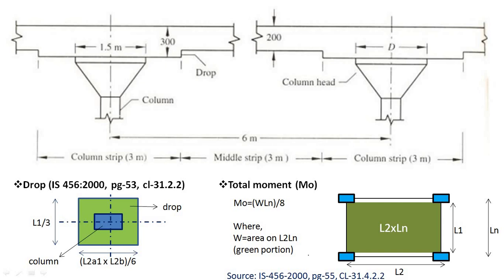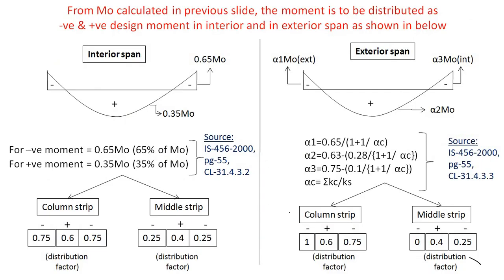So we will move further by using this moment. We will distribute the moments into the interior and exterior panel. From M0 calculated in the previous slide, the moment is to be distributed as negative and positive design moment in interior and in exterior span as shown below.